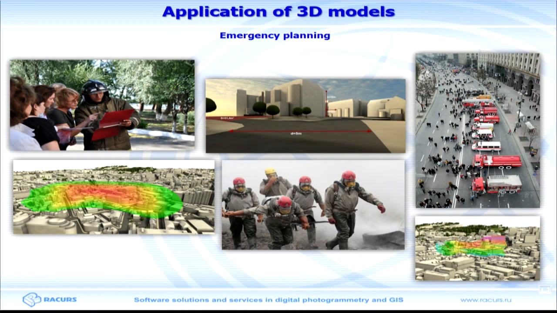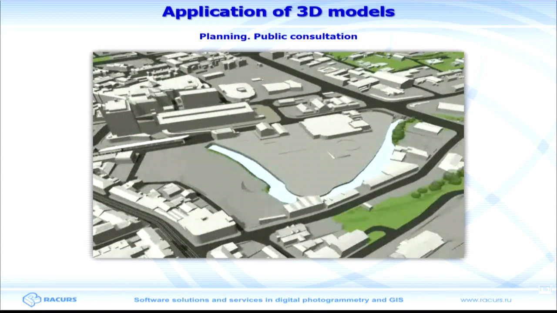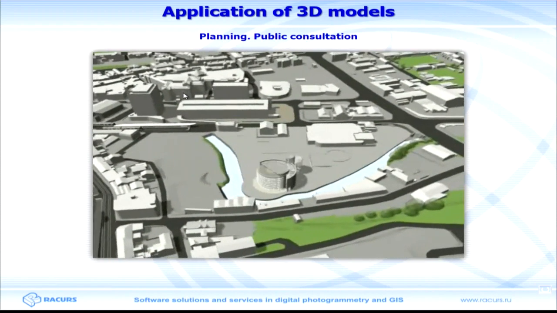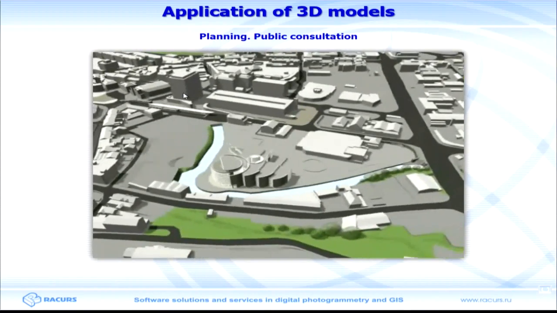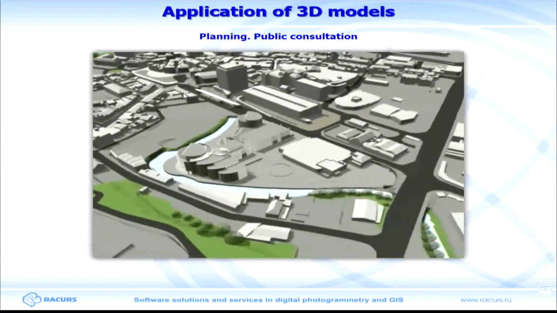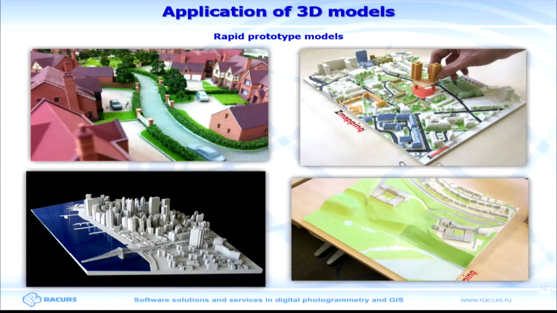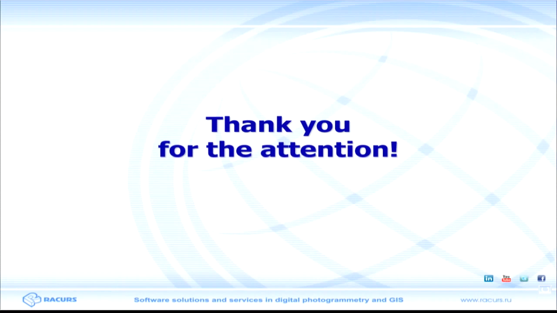I hope it never happens in this world. Then planning area development. You see houses coming and going on this picture. This is what our London colleagues did. And creating prototypes of hard models.